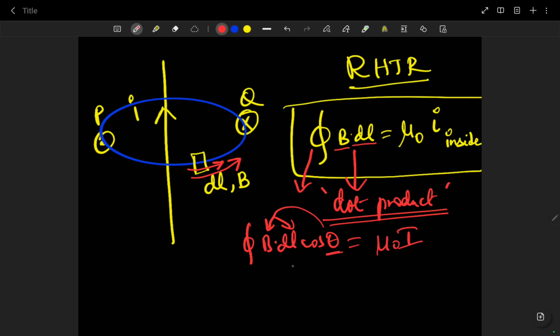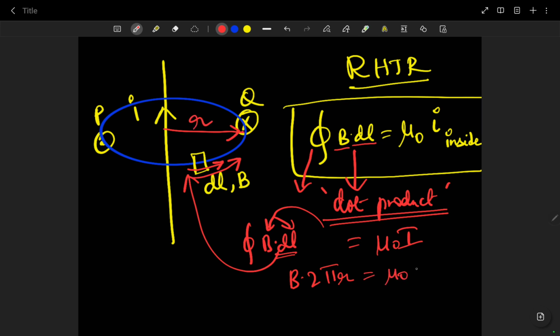Because cos theta is anyway 1, which is cos 0, I'm just taking it off. And instead of length, I'm taking this as a circle, right? So we can take the circumference of the circle, which is going to be B into 2 pi r, assuming that this loop has a radius of r, and this equals mu naught I, where I is the current that is enclosed within this Ampere's loop.